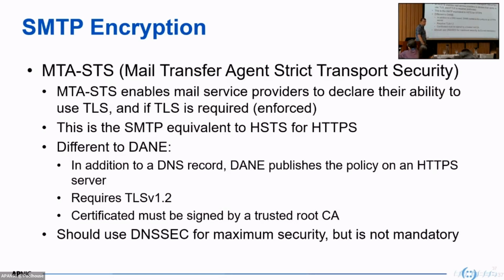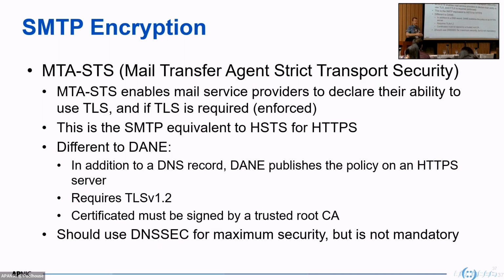MTA-STS requires TLS version 1.2. So if you're running some old mail server that can't support newer cryptography, it might be a problem. And in addition, for the MTA-STS, it requires that the certificate is actually properly signed from a CA. A lot of email server certificates are actually self-signed, because who cares about email?